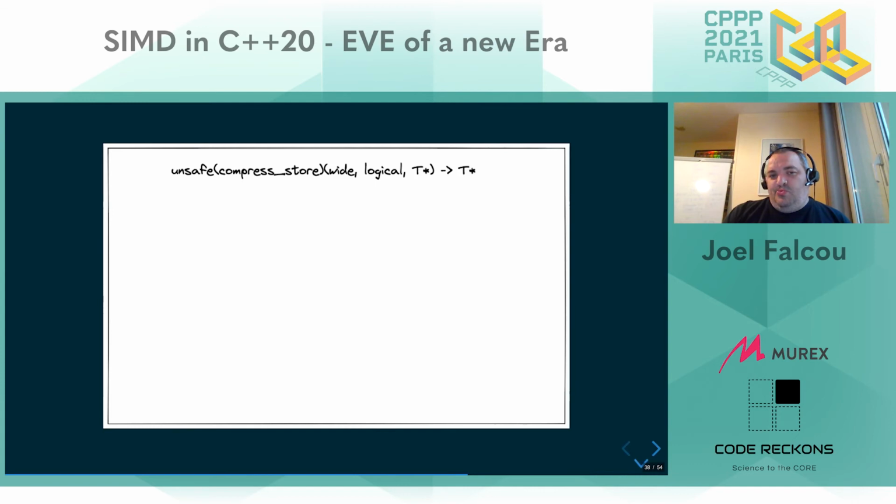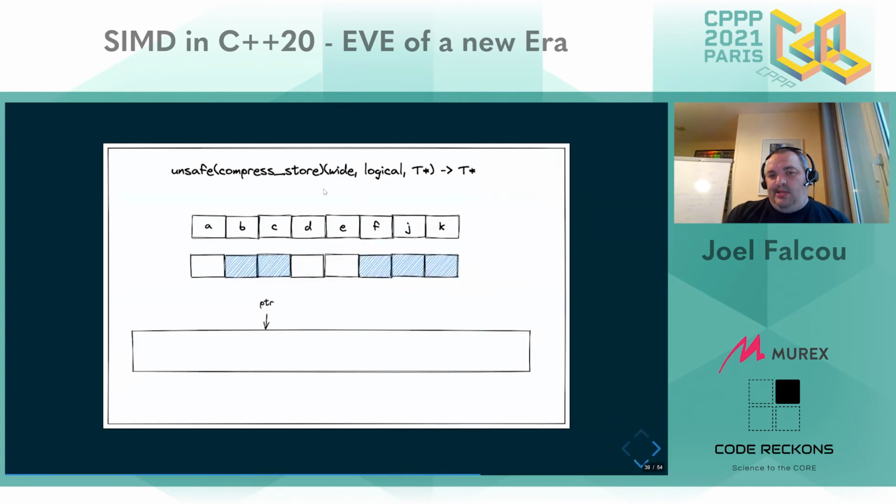What's going on is that it will take the values of the wide at the places where the mask is true, this is in blue there, and it will write the correct values one after the other, without the holes there or the holes there. And it will return you the place where the last value has been written. So that's the meaning of compress store. You store a wide, but with a logical mask, and it gets compressed into the memory.